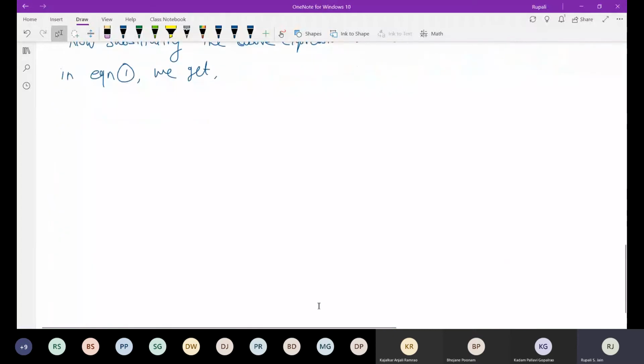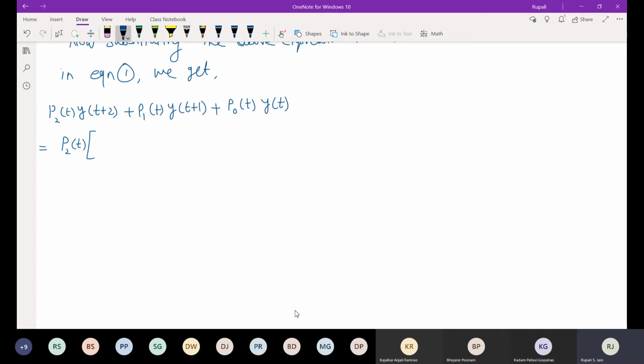So what will I get here? P2t y at t plus 2 plus p1t y at t plus 1 plus p0t y at t is equal to what we will get? What is my y at t plus 2?